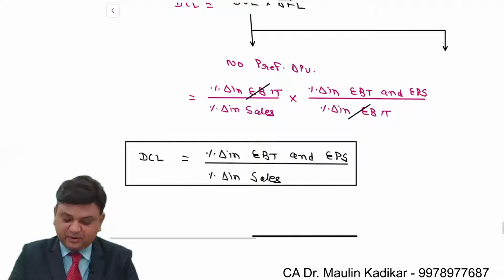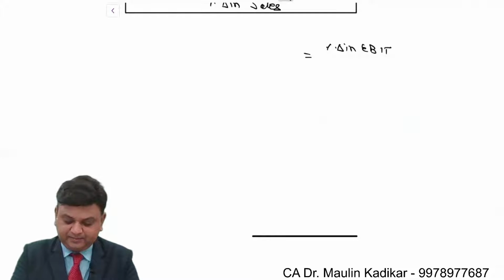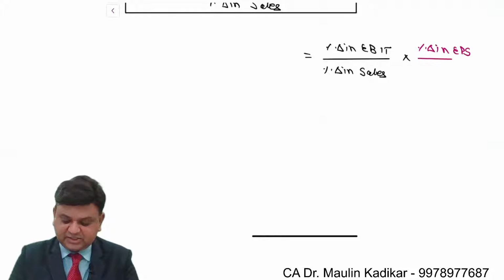If we have been provided with the information about the preference dividend, then again the formula is going to remain the same. Percentage change in EBIT divided by percentage change in sales, into percentage change in EPS divided by percentage change in EBIT.